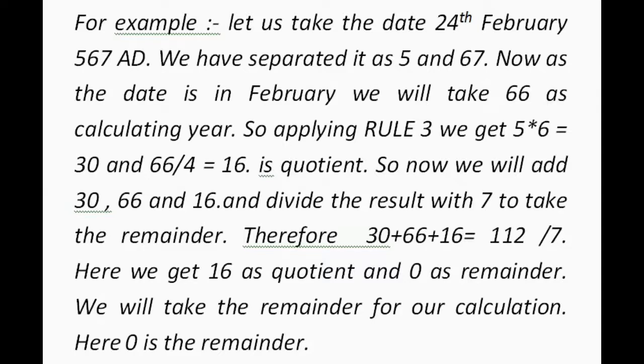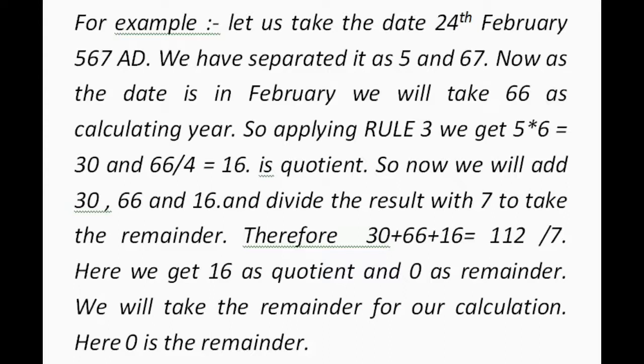We have separated it as 5 and 67. Now as the date is in February, we will take 66 as the calculating year. So applying rule 3, we get 5 multiplied by 6 equals 30 and 66 divided by 4 equals 16 as quotient.